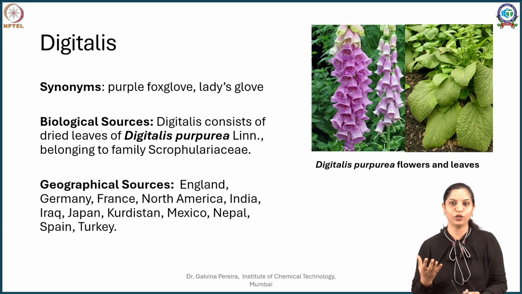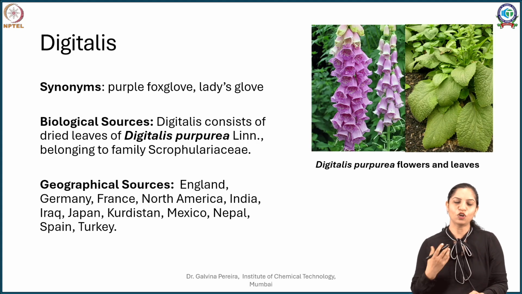It is also referred to as purple foxglove for its beautiful purple flowers which mimic your lady's glove, and it belongs to the family Scrophulariaceae. It's commonly found and grown also as an ornamental plant in England, Germany, France, North America, and in places like India, Japan, Kurdistan, Mexico, Nepal, Spain and Turkey.